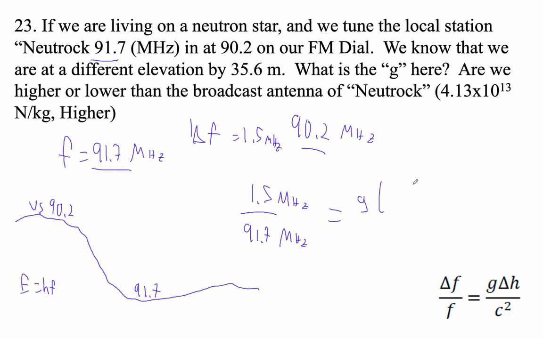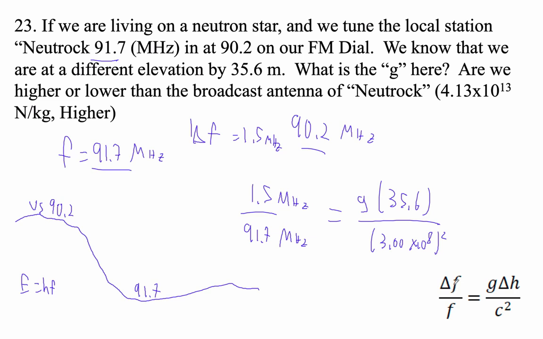Our height is 35.6. And then c squared is 3.00 times 10 to the 8th, squared. We can do this. Okay, so 1.5 divided by 91.7 times 3e8 squared, divided by 35.6.